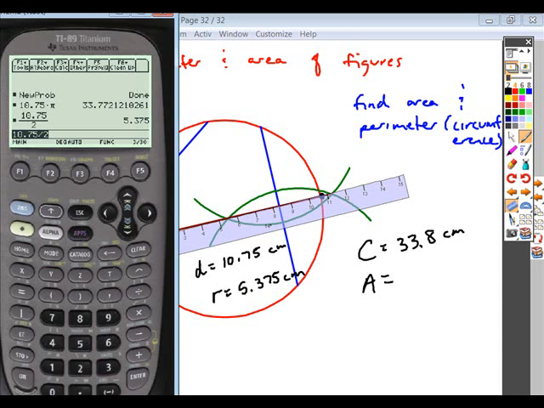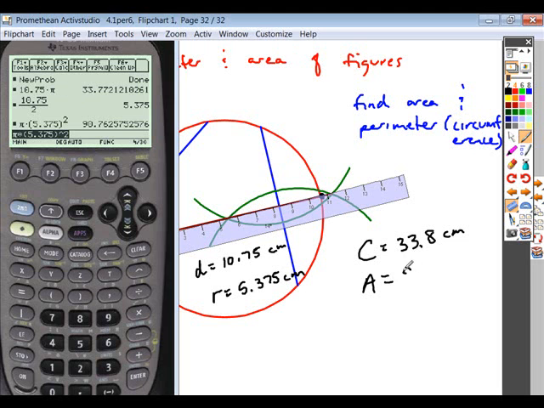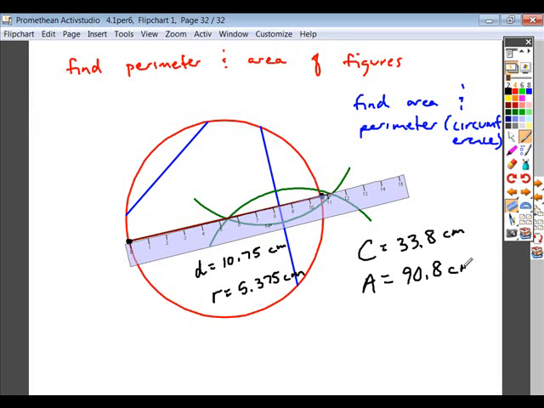Okay, so now I can calculate my area from this. I can take pi times my radius, which I'm just going to highlight here, and square it. And so I get my answer to be approximately 90.8 for my area.